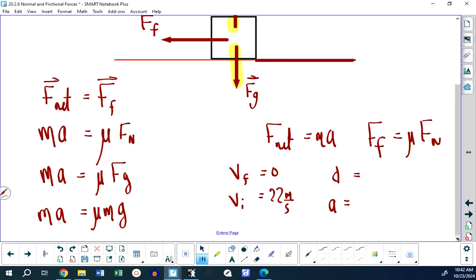Incidentally, you don't actually need to know the mass. The answer to this question is going to be the same whether the mass of the object is 10 kilograms or 100 kilograms, which is kind of weird, but it's true.